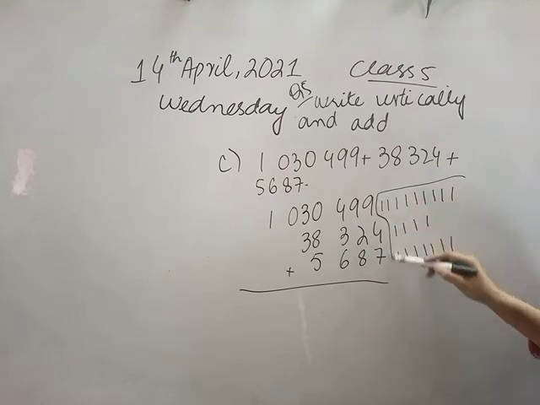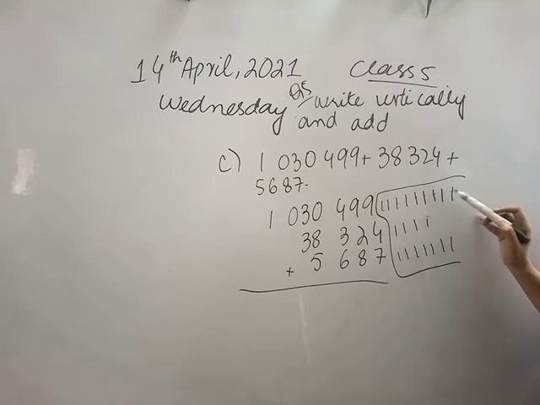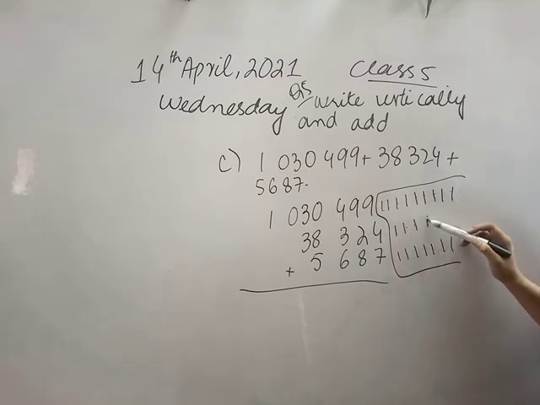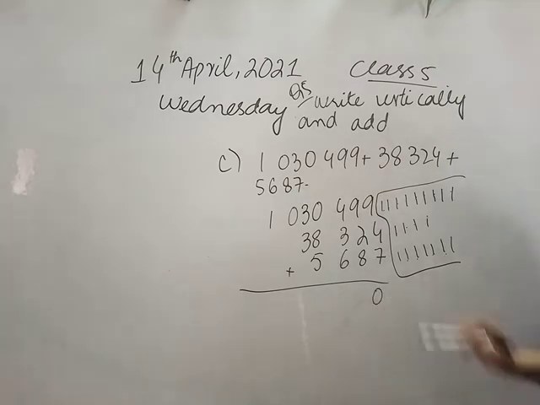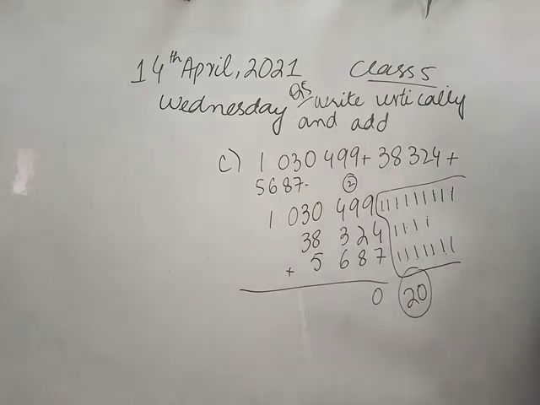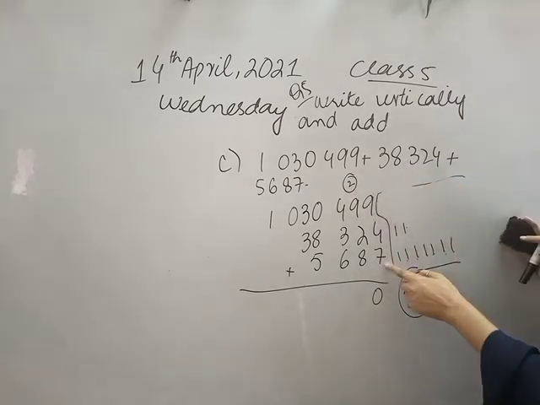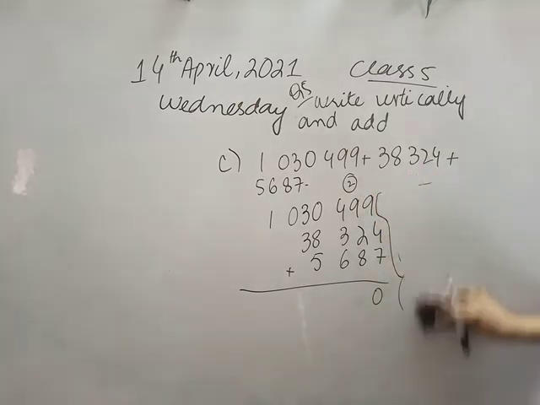So in total I have, class, 20. Fine class, 0 and 2 as a carry. 2 digit number. So it is the rule when we have 2 digit number, the number which is at unit place we have to write below, 7, and 2 as a carry, which is at tens place. Fine.